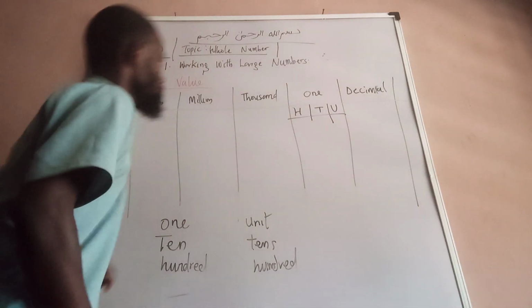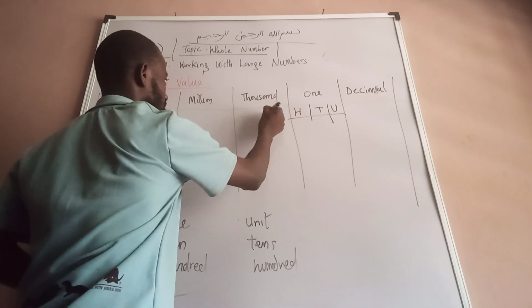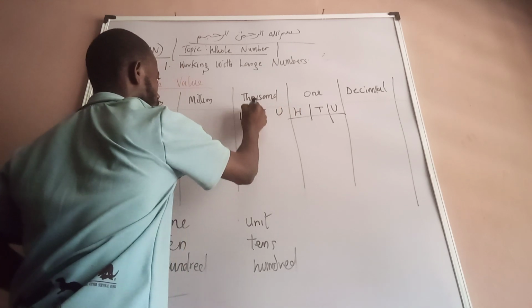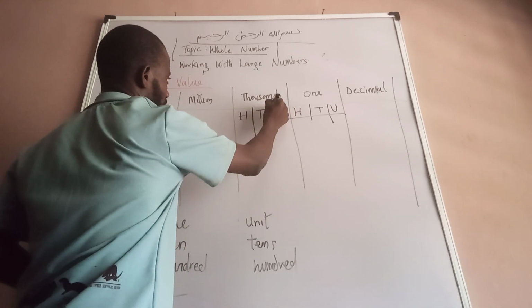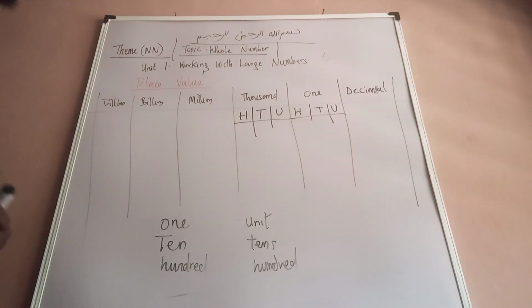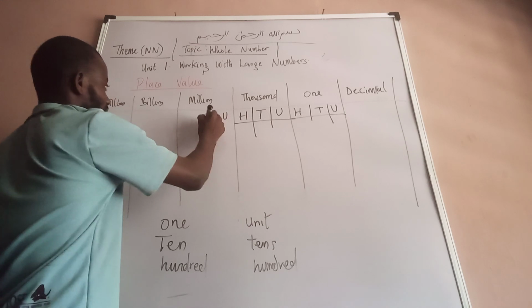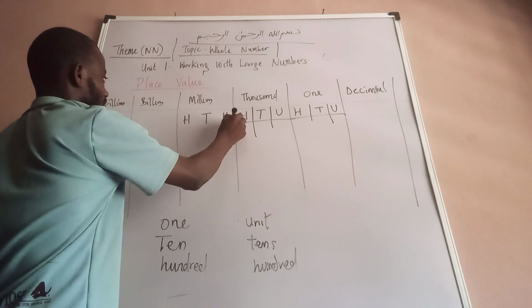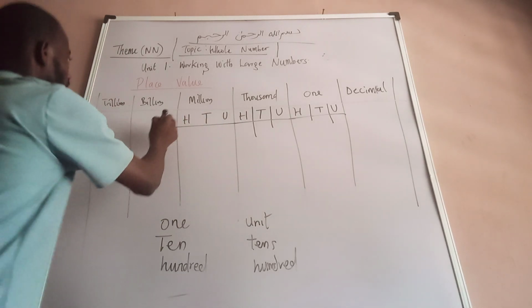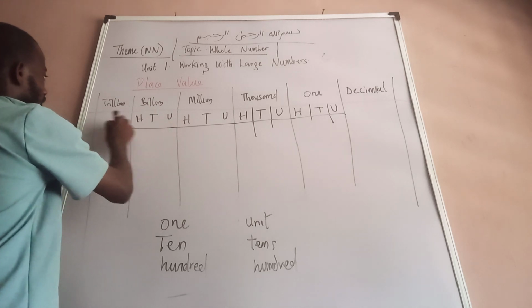Now, the next one, this 1,000, also has another units, tens, and hundreds. Same thing here, units, tens, and hundreds. Likewise here. Likewise here.